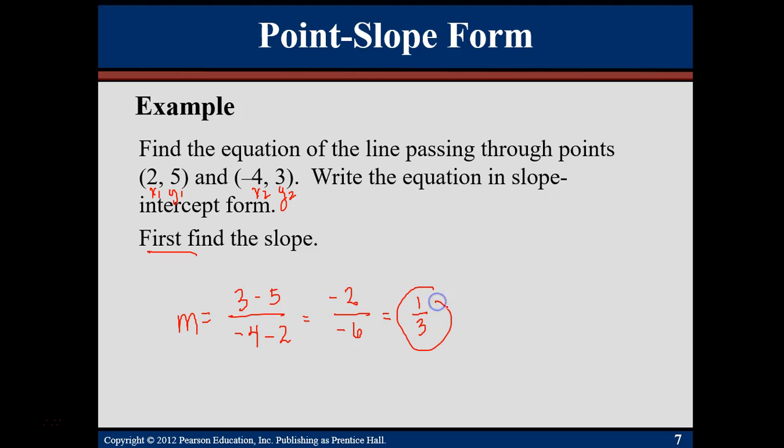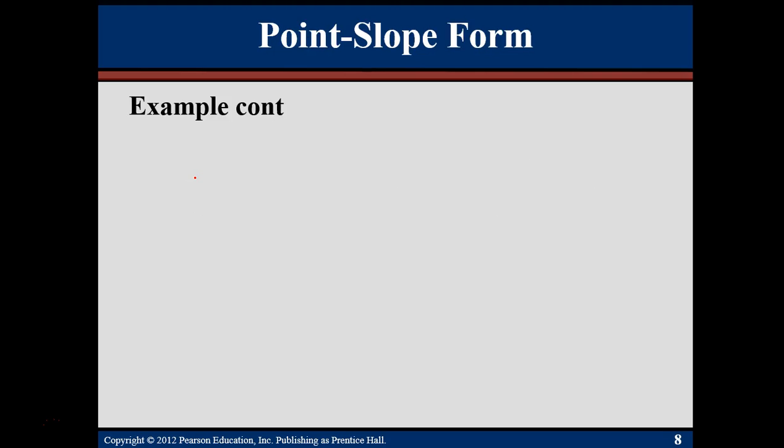Now I can take my 1/3 and sub that in for m, and then pick a point. I'm going to use 2, 5. So I have y minus 5 equals 1/3 times x minus 2. Distribute, and I have y minus 5 is equal to 1/3 x minus 2/3.